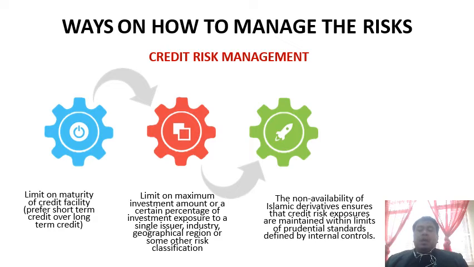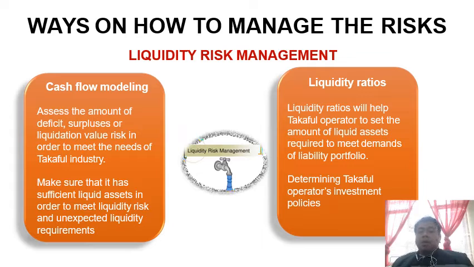The non-availability of Islamic derivatives ensures that credit risk exposure is maintained within limits of prudential standards defined by internal controls. But of course, there are some Islamic derivatives being used for credit management purposes. That would be quite detailed to be discussed, so we can talk about it in the class later. Okay.